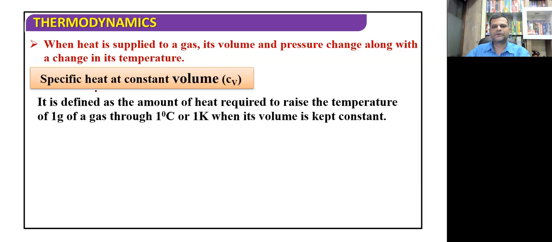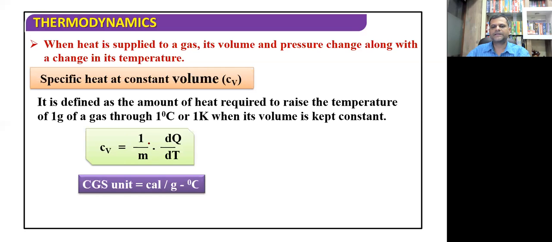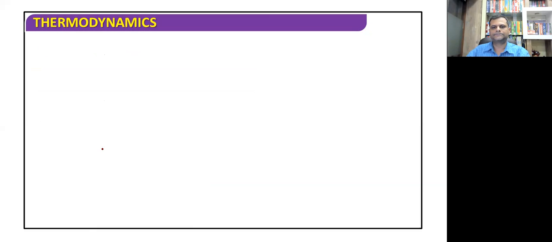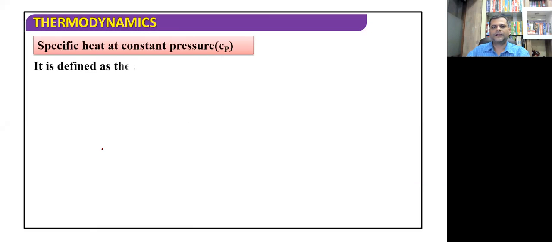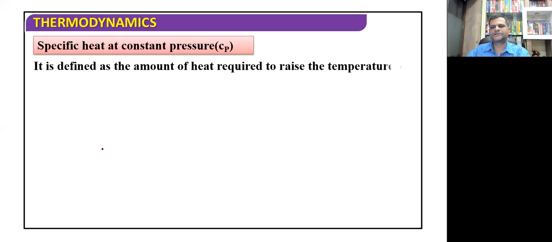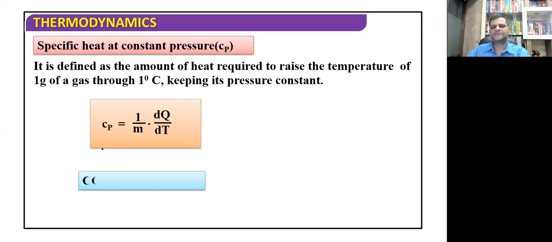So at constant volume the specific heat is denoted by Cv, and at constant pressure it is denoted by Cp. So this is the formula for specific heat, principal specific heat for the gas at constant volume. And specific heat at constant pressure is given by Cp is equal to 1 upon m into dq by dt.